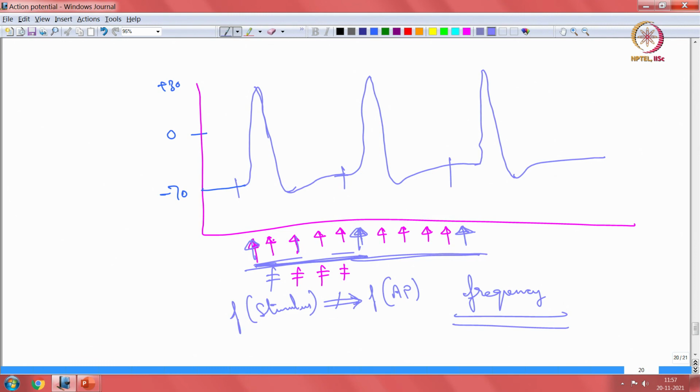If you increase it further, so you have a stimulus only over here, the membrane can still generate the same output frequency as the input frequency. So, the frequency actually depends upon the membrane and the rate at which the stimulus is applied to the membrane. The action potential amplitude remains the same. So, that concludes this part of the story.